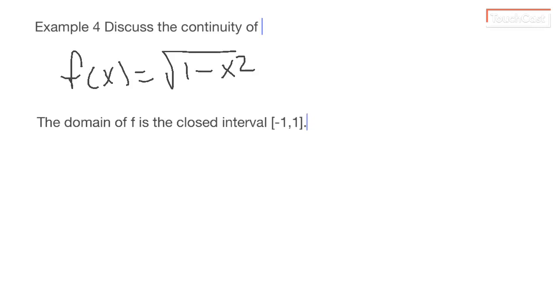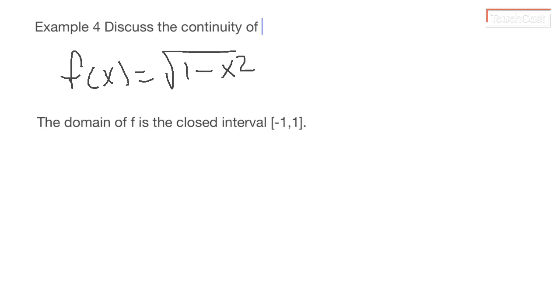And the square root of a negative number gives us an imaginary answer. If we were to use -1, 0, 1, or any numbers in between -1 and 1, any fractions or decimals, we can get a real answer. We can test it by checking the limits.